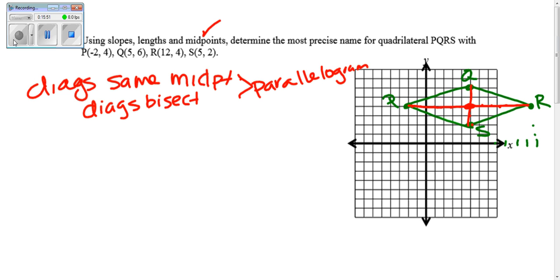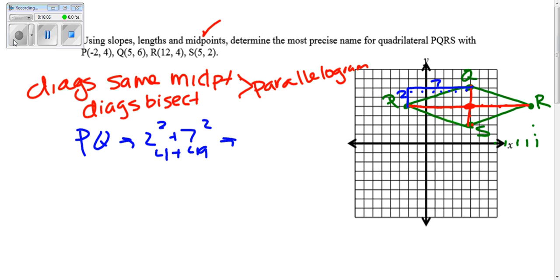All right, so I'm going to take a look at PQ and QR and find their length. So PQ is 2 and 7. Okay, so the length of PQ is going to be 2 squared plus 7 squared, which is 4 plus 49. So it's the square root of 53. And then QR is 2 and 7. Okay, so they are congruent.